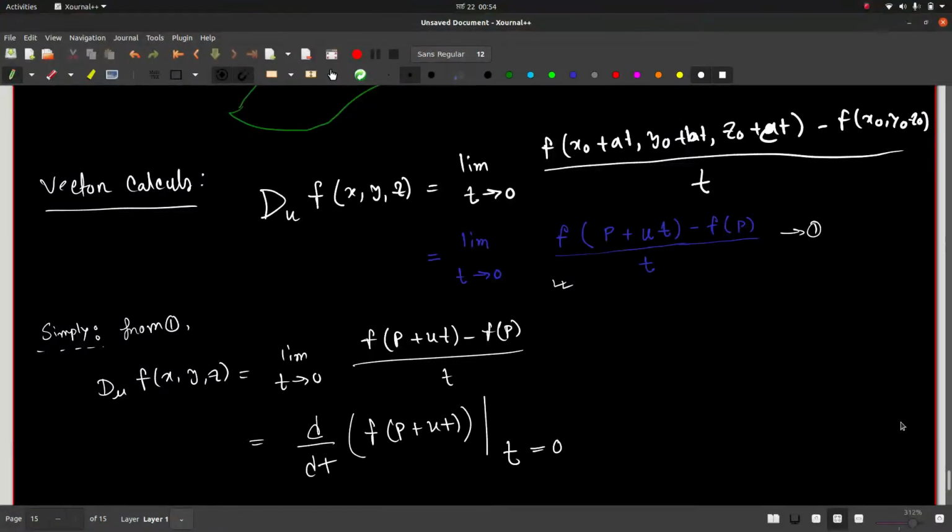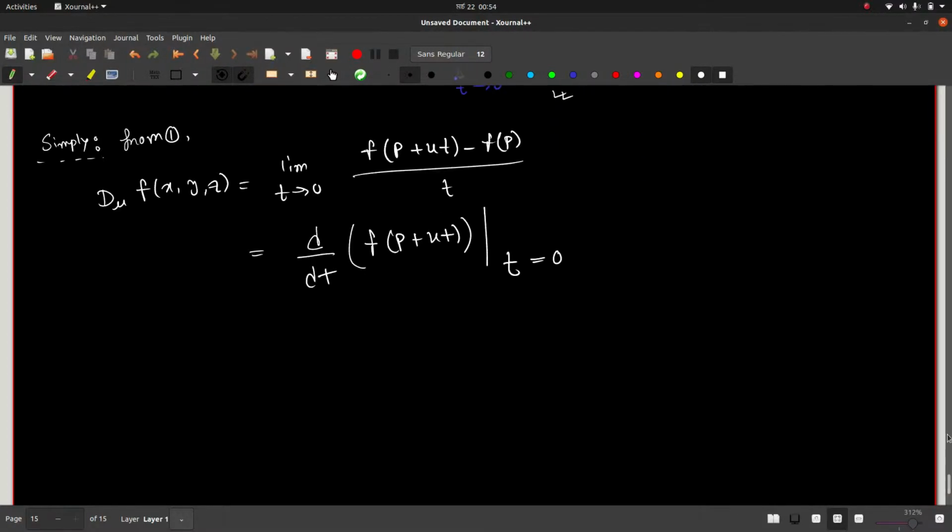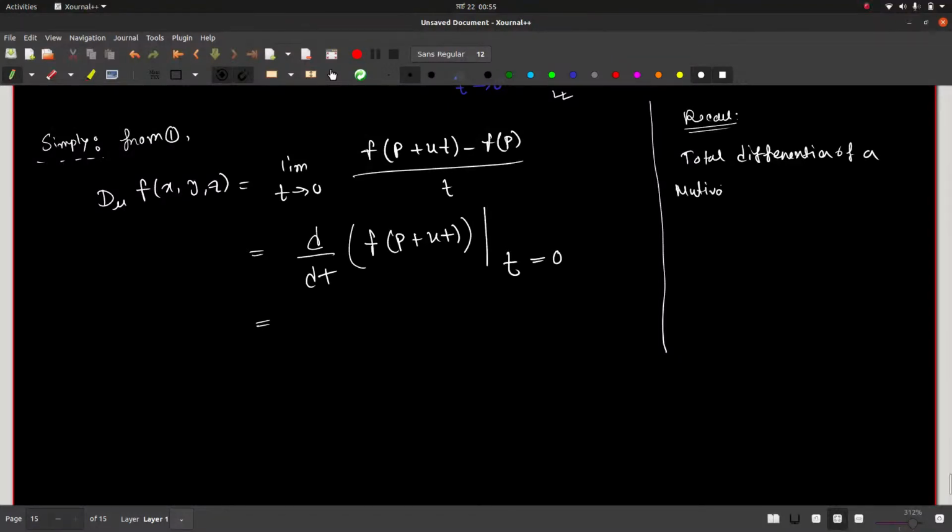So what is the advantage of this thing? Well, recall the fact that we can write a total differential of a function or a multivalued function as follows.